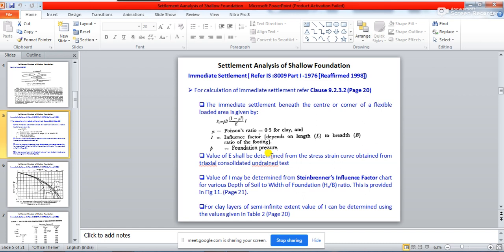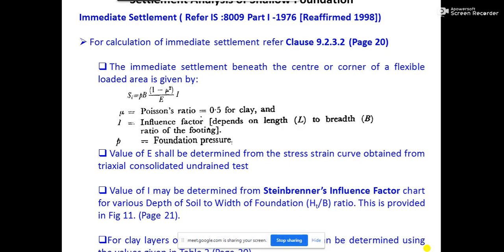If the elastic settlement is happening, or the immediate settlement calculation, we have seen that this is the formulation: immediate settlement is equal to P into D into 1 minus mu square divided by E into I, where I is the influence factor, which can be obtained using Steinbrenner's influence chart, or it can also be obtained using the table given in IS 8009, where you can find it for different parts of the footing, either at the center or at the corner of the footing, or for the average settlement.